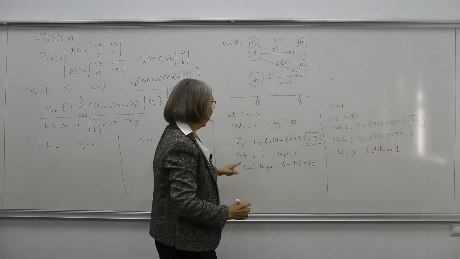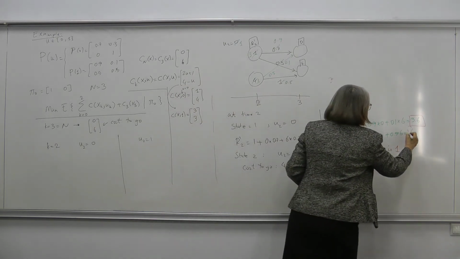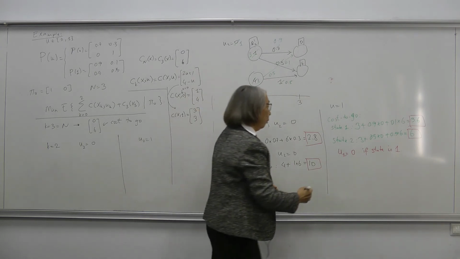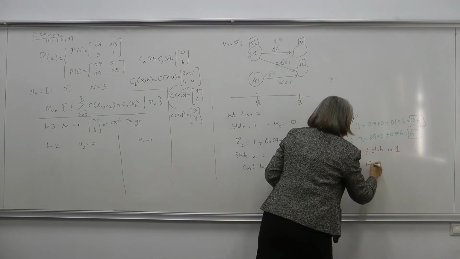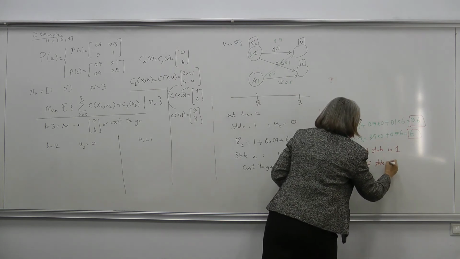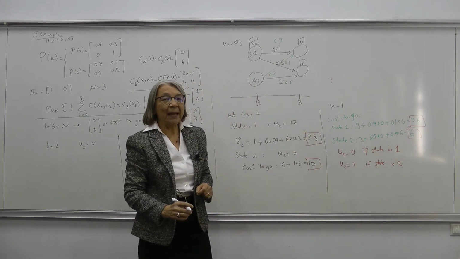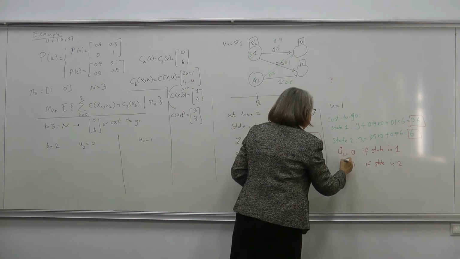And for the other one, I have to compare this 10 with that 6 here. And 6 is smaller. Therefore, U2 should be selected as 1 if the state is 2. Okay, so we made our optimal choice. I will put those stars there.